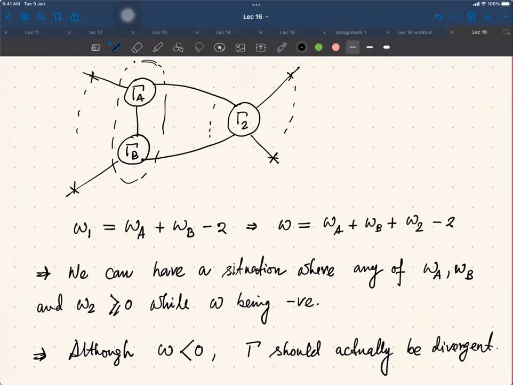In that case, there is a subgraph which has positive omega, because of which that portion will diverge. And so superficial convergence, omega being negative, does not imply that the graph is actually convergent.